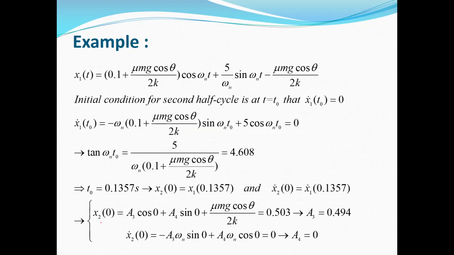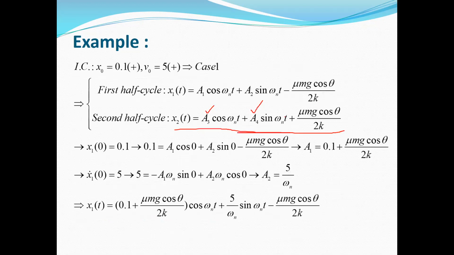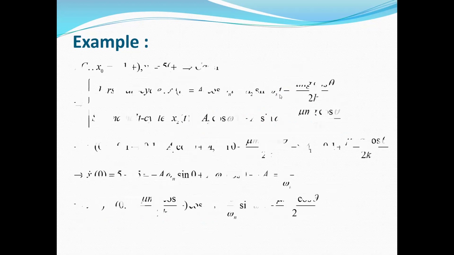So here you can see when t is equal to 0, A3 times cosine 0 plus A4 times sine 0. We substitute t equal to 0 because this t is different from this t, or we can call it t prime, maybe it's better. So at t prime equal to 0, t is equal to 0.1357 seconds.